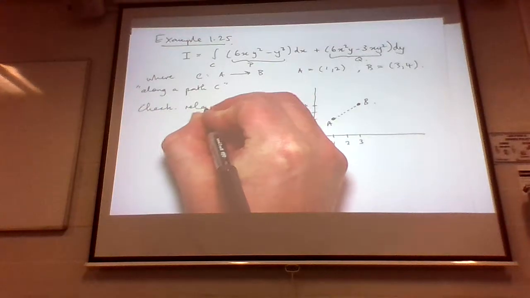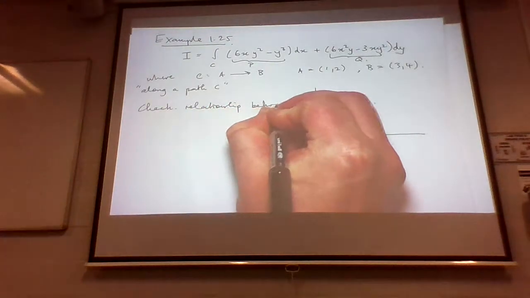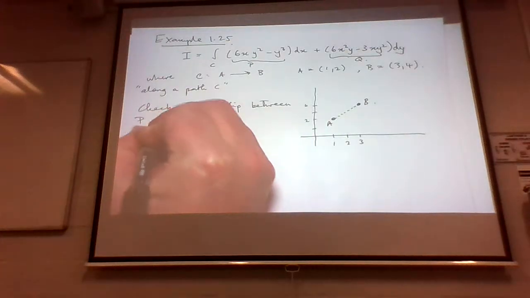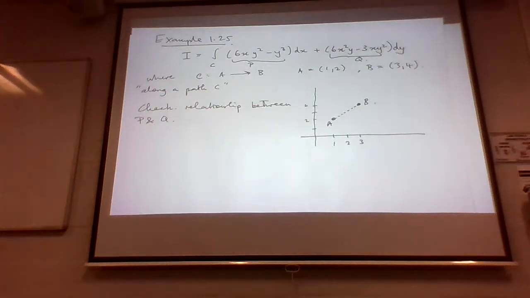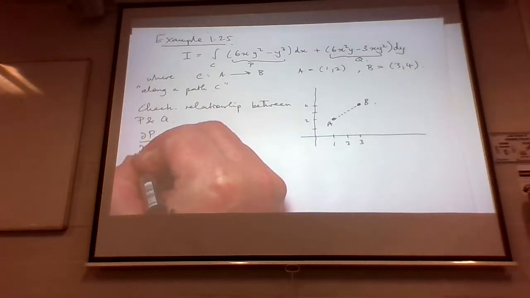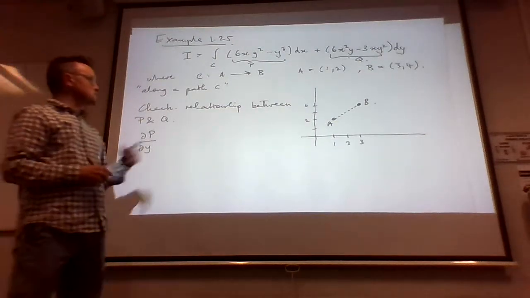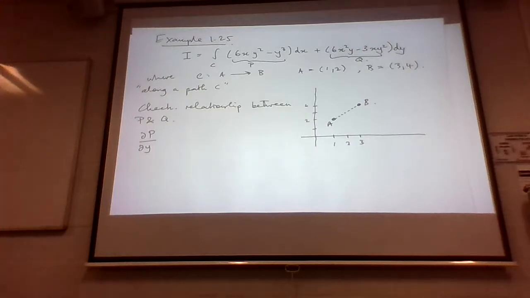So we should check the relationship between P and Q, in particular their partial derivatives. If we were to apply Green's theorem to this, it would relate to a double integral of the difference of the two partial derivatives.